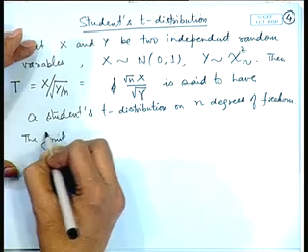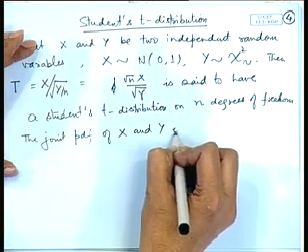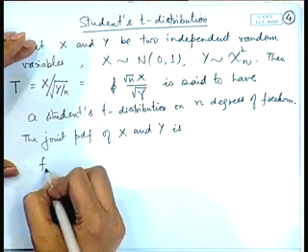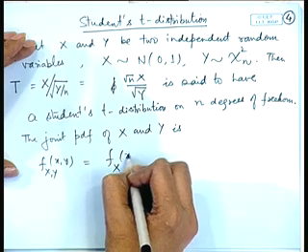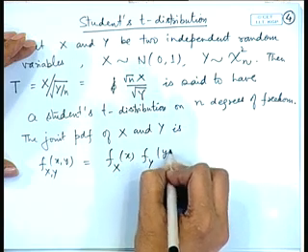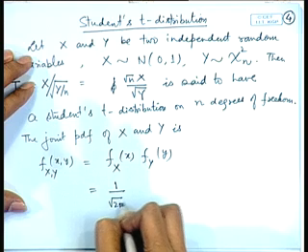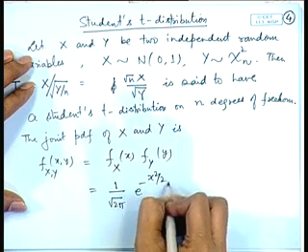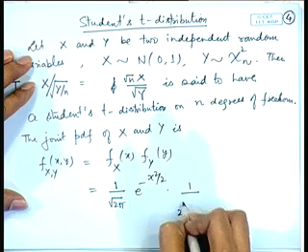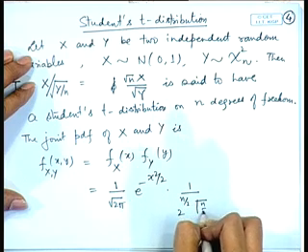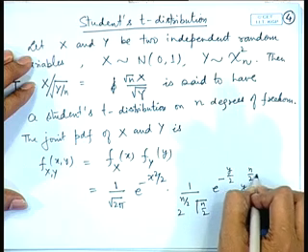Firstly, we look at the joint probability density function of X and Y. It is equal to the product of the individual distributions of X and Y. Now, X is normal 0, 1. So, the density is 1 by root 2 pi e to the power minus x square by 2, and the density of Y is chi-square n, that is 1 by 2 to the power n by 2 gamma n by 2 e to the power minus y by 2 y to the power n by 2 minus 1.